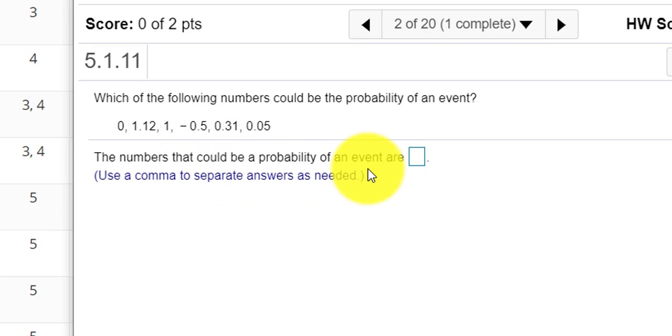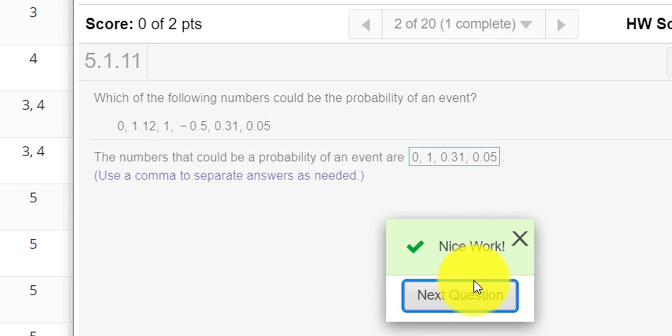So the numbers that could be a probability of an event are, and it says separate with a comma, so I'll press 0, comma, 1, comma, 0.31, comma, and 0.05. Now I put a space after my comma, so I hope the computer accepts these values. I press check answer, and we get the nice work. So far so good.